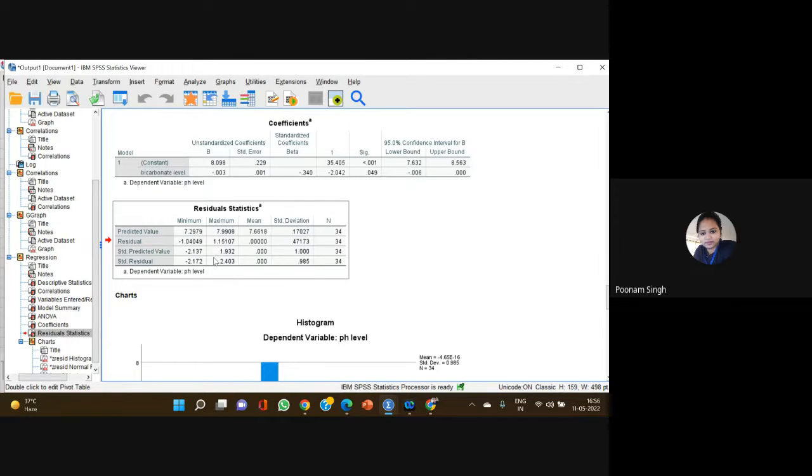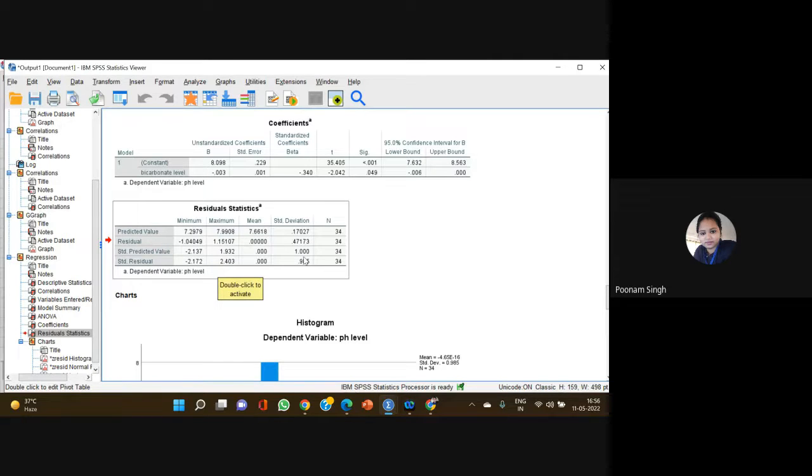If it is a data entry error, then you will have to return to the data set and check the data again. Since our value is within the range, we do not have any outlier in this case.